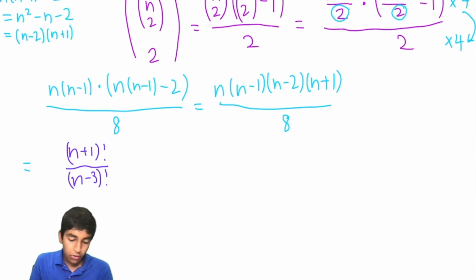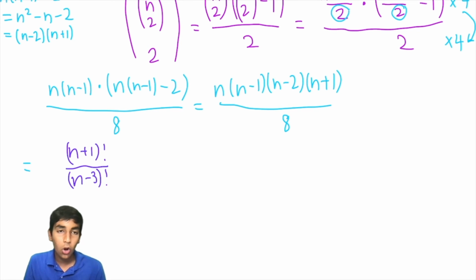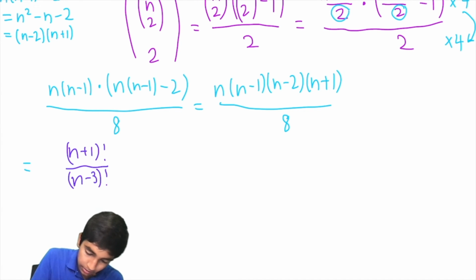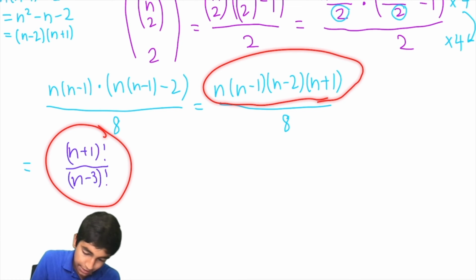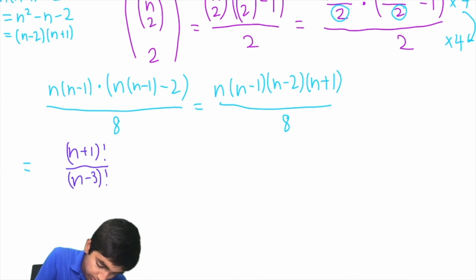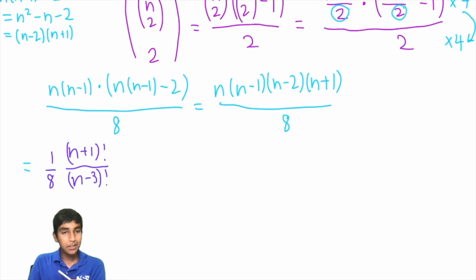Because then the remaining terms that don't cancel out are n minus 2 times n minus 1 times n times n plus 1. So this right here is this part here, and of course we have a 1 over 8. The reason we write this is because they're consecutive numbers, so we might as well express it as factorials.